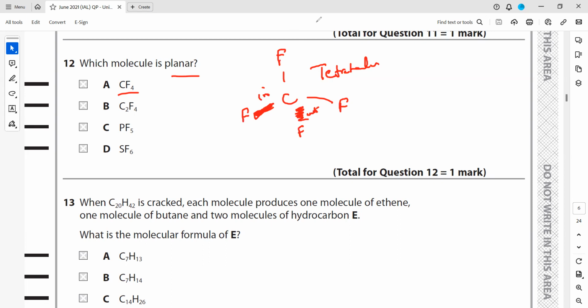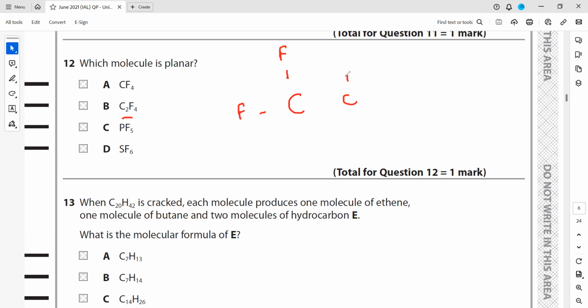But when we check option B, C2F4, 2 carbon and 4 fluorine. So what will happen? Double bonds are always in the same plane. And now carbon is forming 3 bonds, and planar or trigonal planar is the same thing.